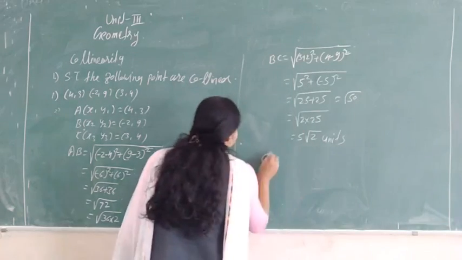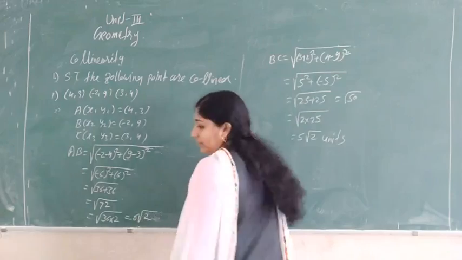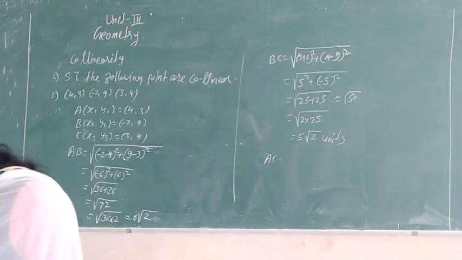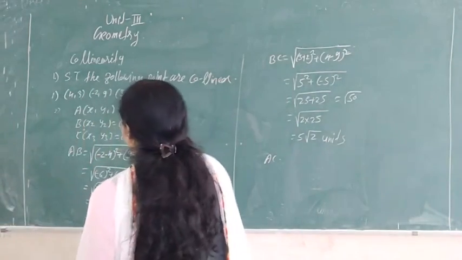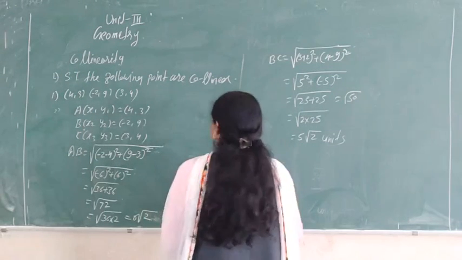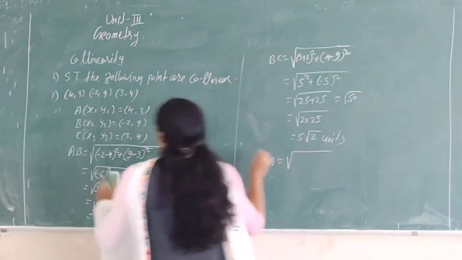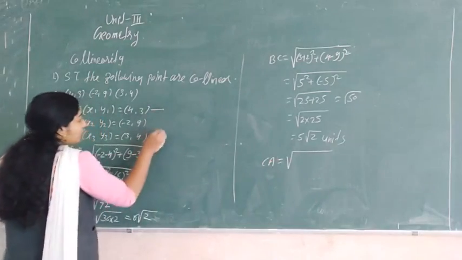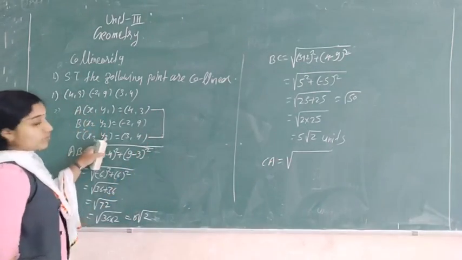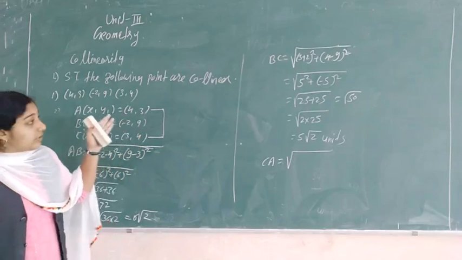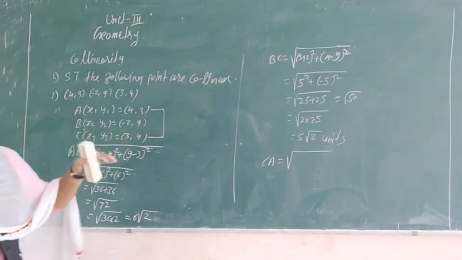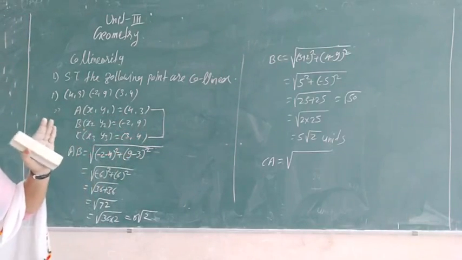Next, find the distance between A and C. Similarly to how we used BC, here we denote it by CA.